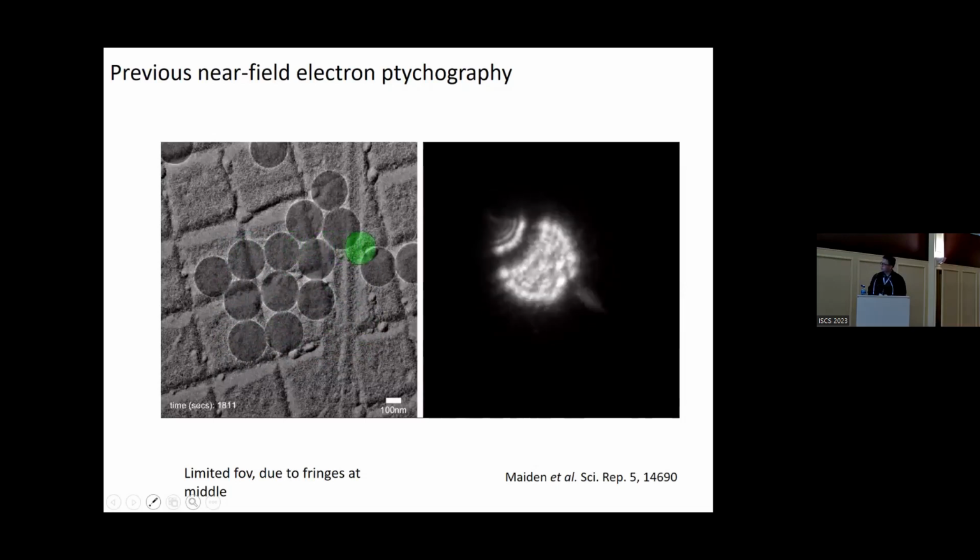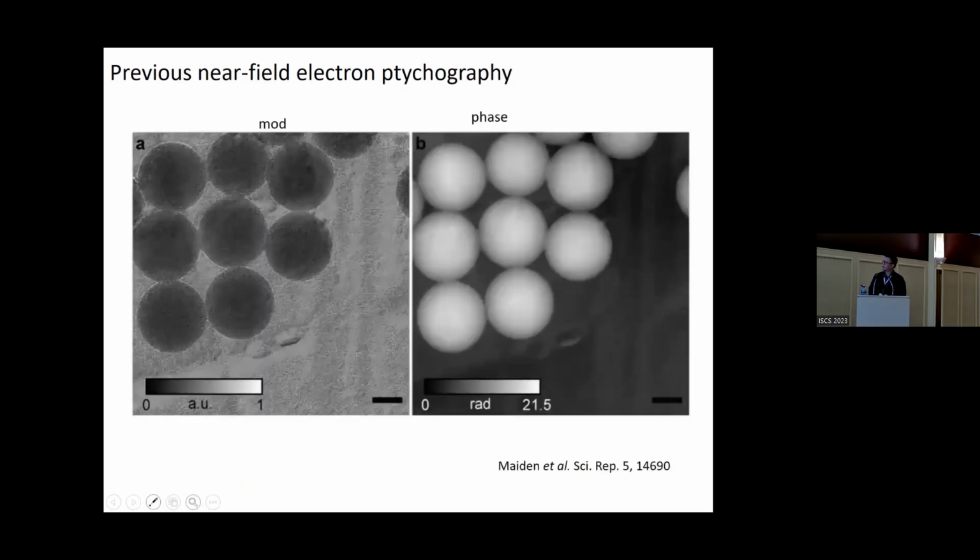So after we scan through the entire specimen, we can do the reconstruction. It is work done by my supervisor, Andy Maiden. And with this method, he can show very clear phase reconstruction.